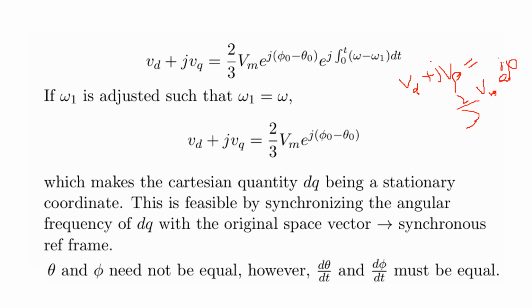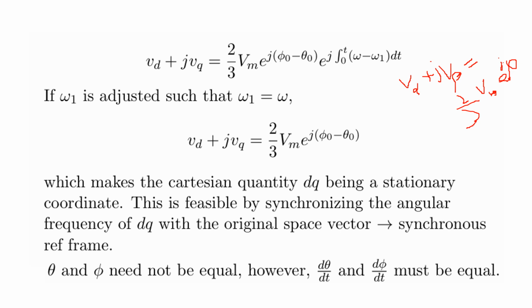But here Vd Vq is V alpha beta into e power j theta. So we can write it as 2 by 3 Vm e power j theta into e power j phi conjugate. Means we can write it as 2 by 3 Vm e power j of (phi naught minus theta naught) plus e power j integral 0 to t of omega minus omega 1 dt.